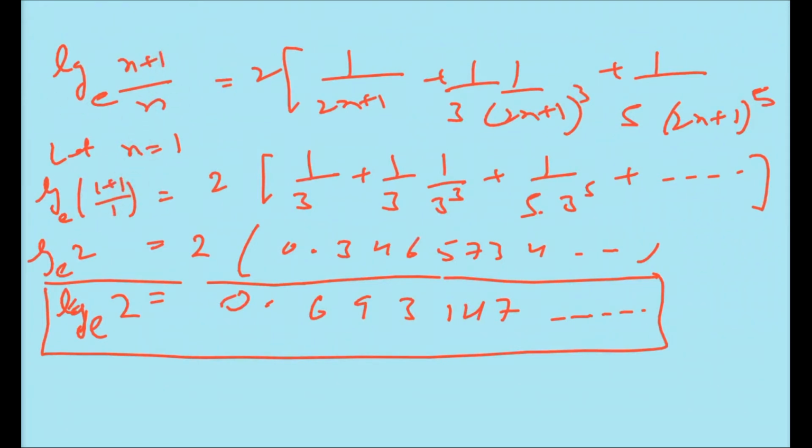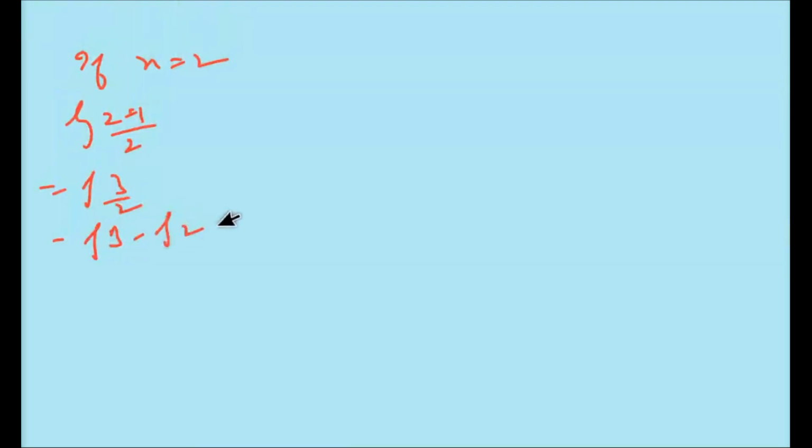Now if n equal to 2, what do we get? We get log 3 upon 2, log 3 minus log 2, and we know the value of log 2. Then subtracting this, we can find the value of log 3 easily.